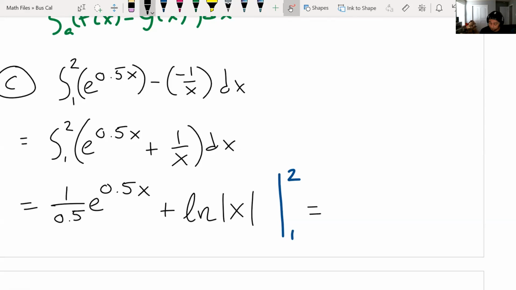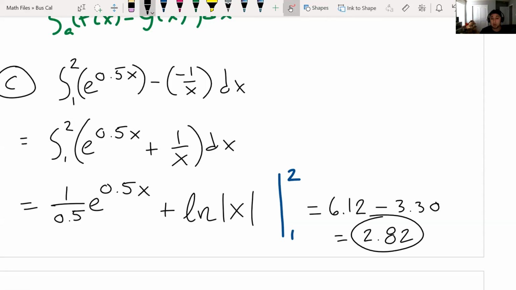If I type in 2, I get 6.12, minus, if I type in 1, I get 3.30. 6.12 minus 3.30, we get 2.82. There we go.